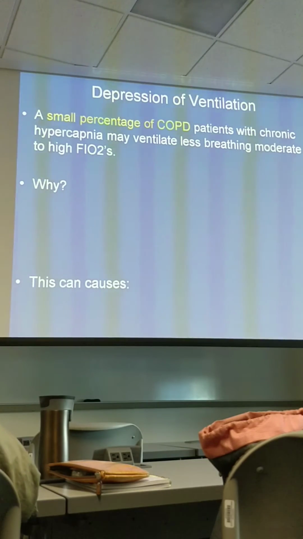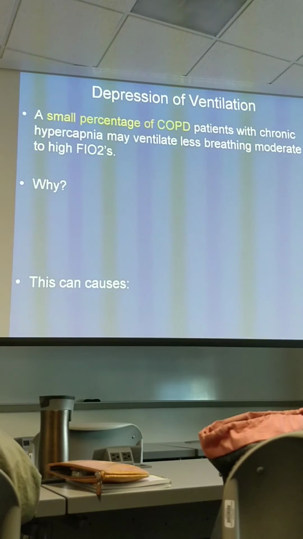What makes you guys breathe? Okay, what happens is your brain senses increased levels of CO2, carbon dioxide, if you don't breathe, and it says take a breath. What happens with COPD patients is, if they are a COPD patient whose drive to breathe is not CO2, their drive to breathe is a low oxygen level.